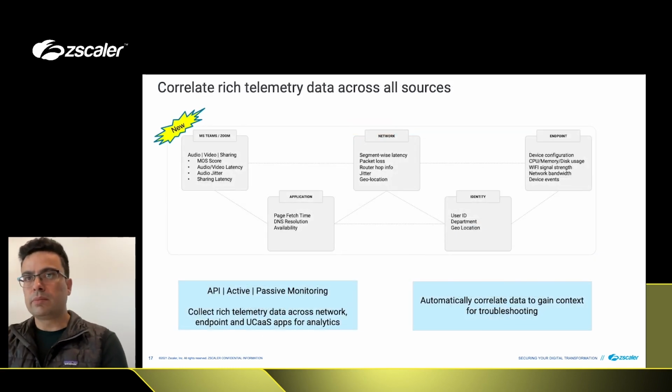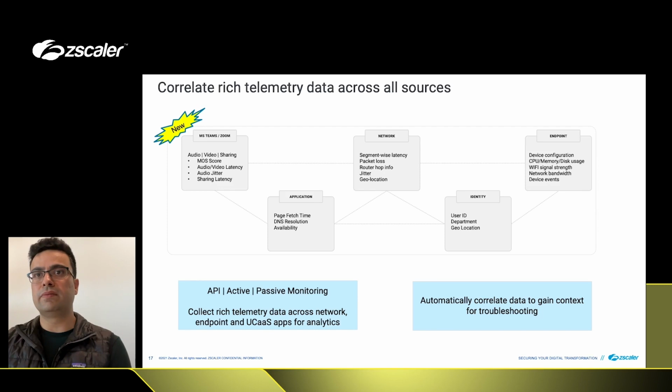So in this slide, you're looking at some of the metrics that we collect from endpoint, network, and application already. What we are doing now is enhancing that integration by introducing API-based monitoring that we get specifically from your tenant to get MOS score, audio and video latency, jitter, and sharing latency, and overlay that information in the context of the user on their timeline.